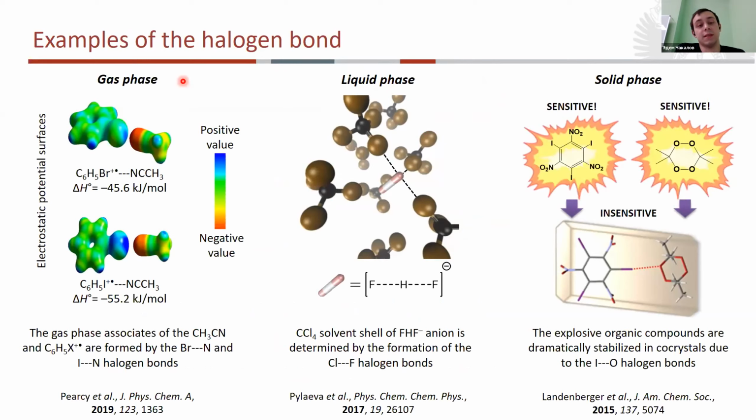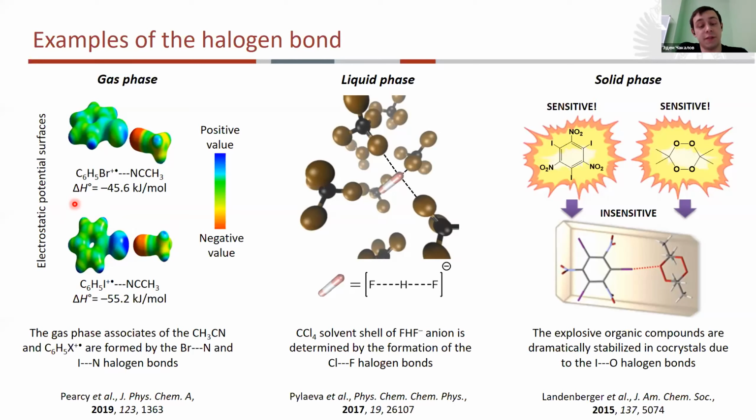Let me show you interesting examples of the key role of halogen bond in the structural and physicochemical properties of substances. The authors of this work reported the gas phase association of the polar protic solvent molecule acetonitrile with benzene and halogenated benzene cation radicals using the mass electromobility technique and density functional theory calculations.